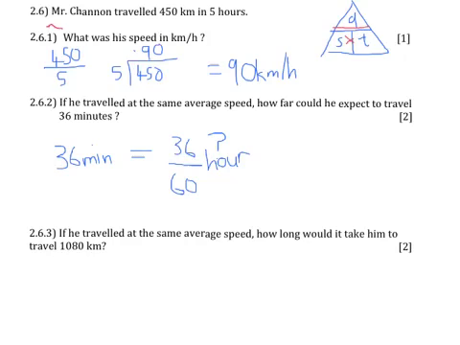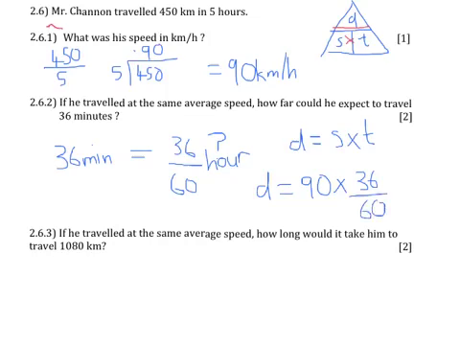That's 36 minutes. Now I can use that to work out distance, because D is equal to, looking at the triangle above, S times T. The S is 90, and I'm multiplying it by T, which we've now defined in terms of hours as 36/60ths. Hopefully you know how to work out a fraction of a whole number.